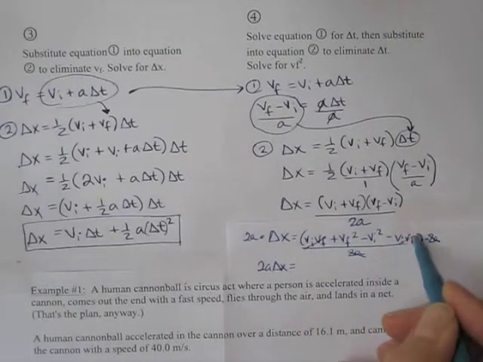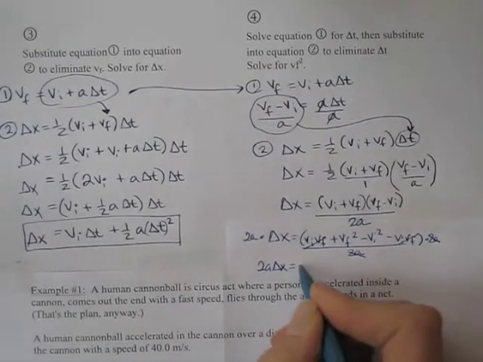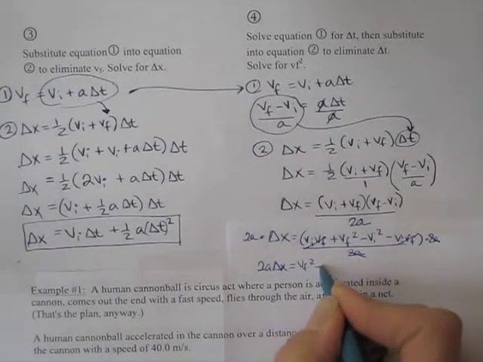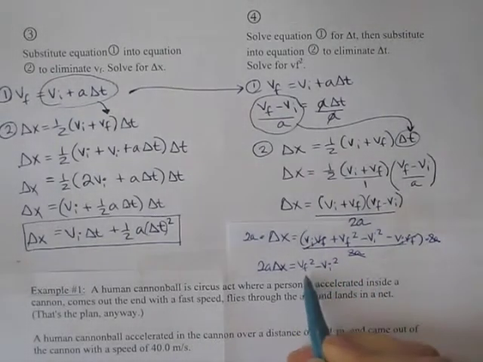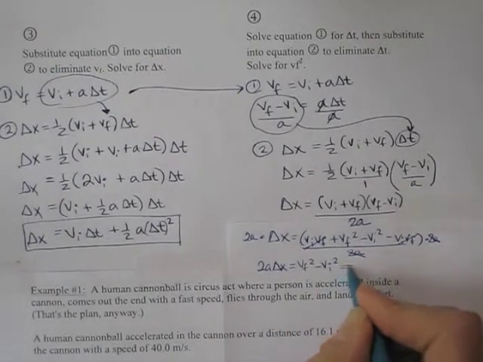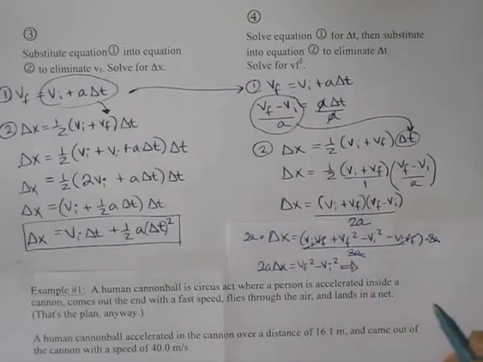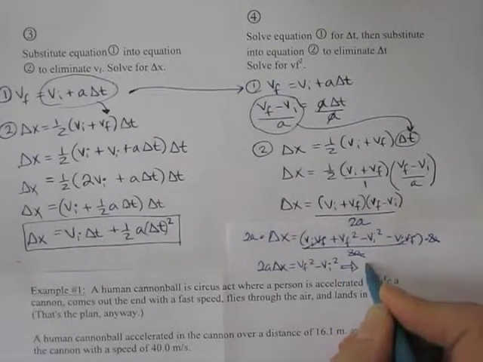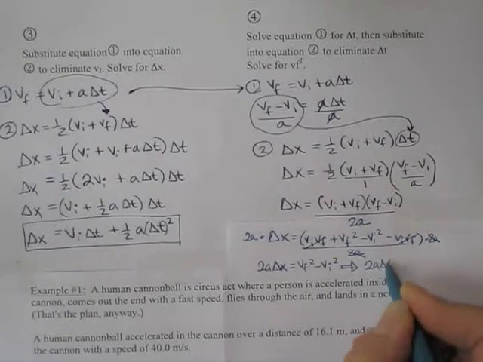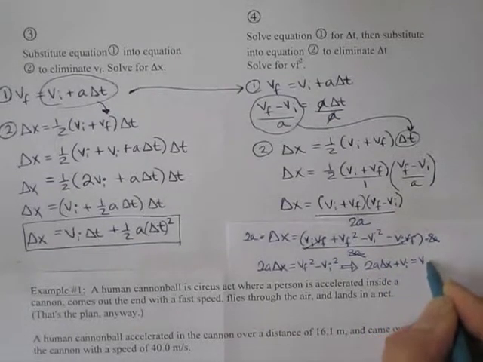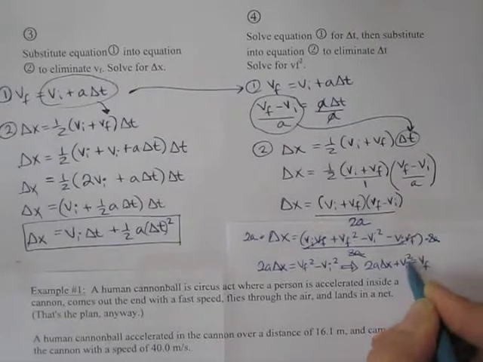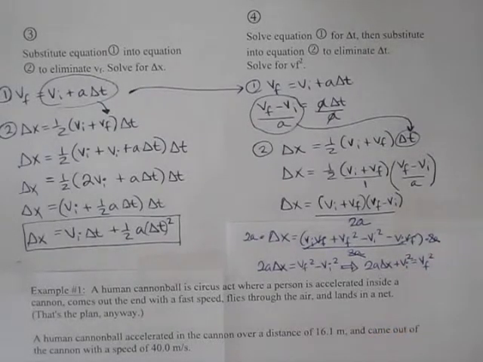So those add together to make 0. And I get vf squared minus vi squared. So now to isolate vf squared, I can add vi squared to both sides, which gives me 2a delta x plus vi squared equals vf squared.